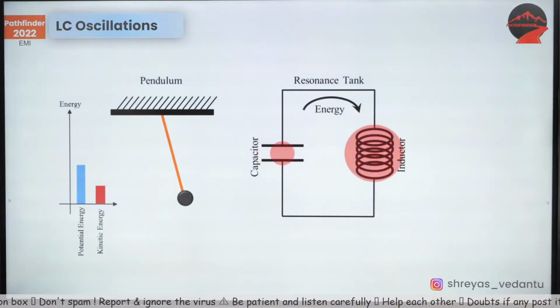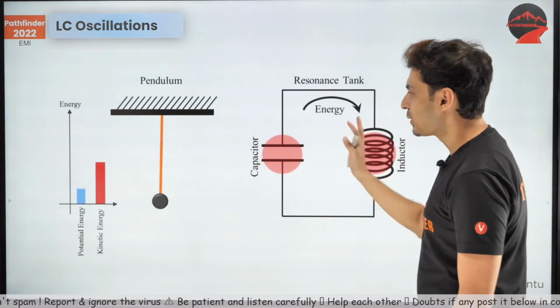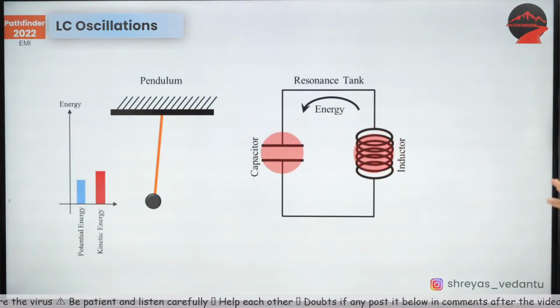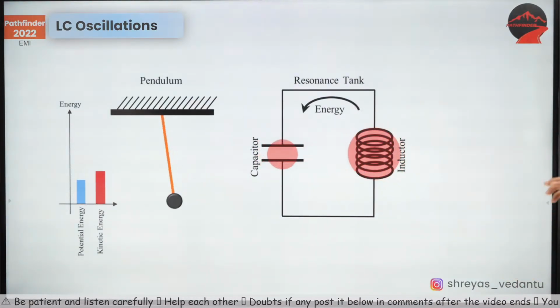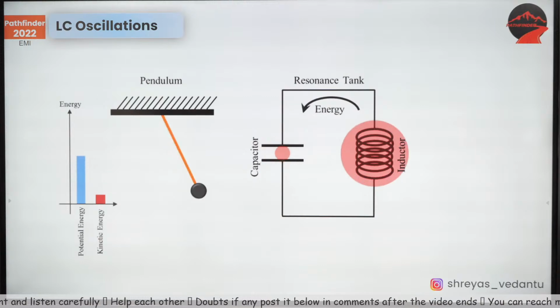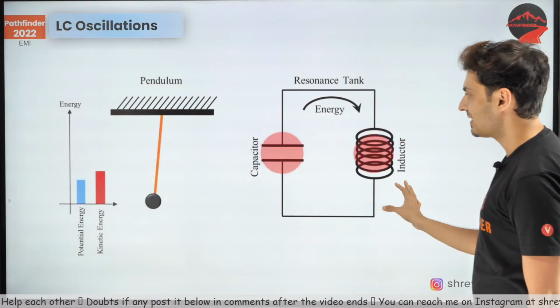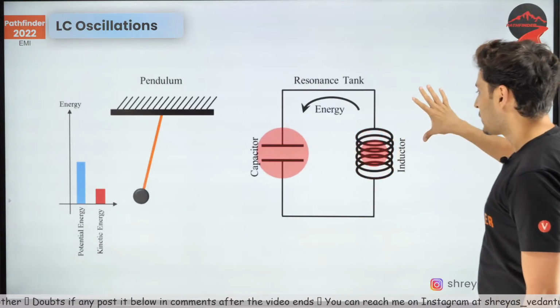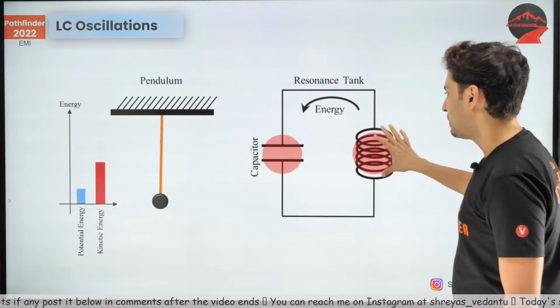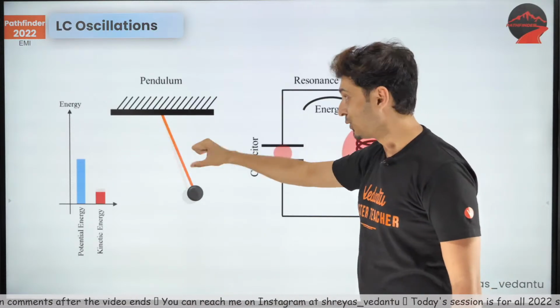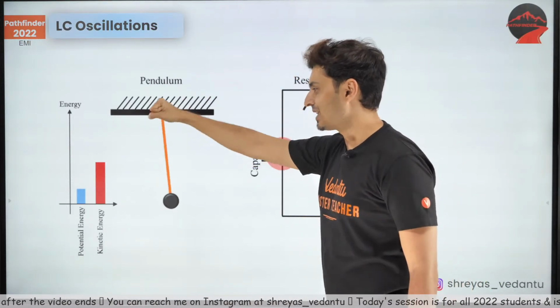So I have given you all the equations and this beautiful simulation. Probably you can play it again and again. Observe it. A simple harmonic motion on the left hand side, and on the right hand side you have energy oscillating in an LC circuit, which is an electrical circuit. You can see the energy goes between capacitor and inductor back and forth. Here in a simple harmonic motion in mechanics, it goes from kinetic energy to potential energy.